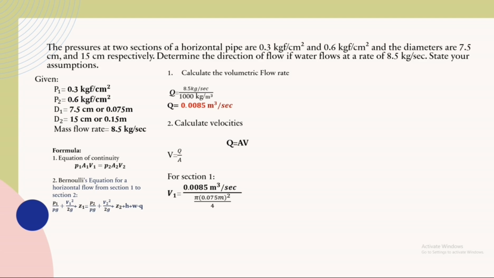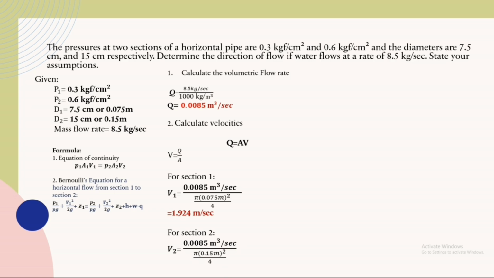So pi d squared over 4, so pi times 0.075 meter squared over 4. So the flow velocity for section 1 is 1.924 meter per second.